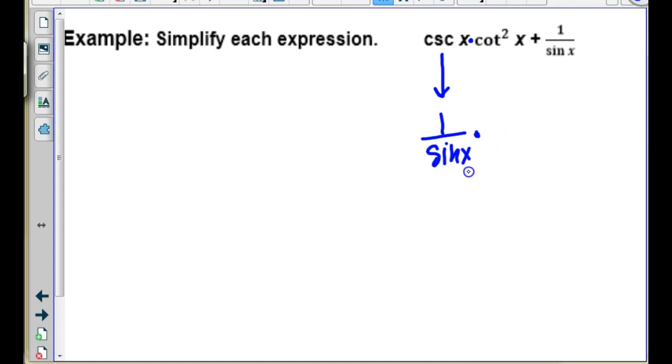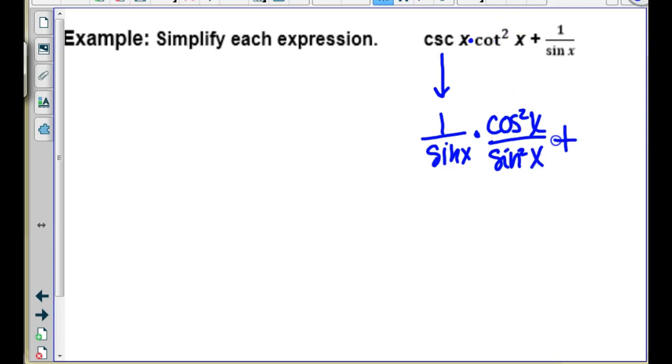If I put the words cosine and sine or sine and cosine, what does this become? Yes. And it's cosine squared over sine squared because it was cotangent squared. Did I lose anybody? On your sheet, it says cotangent is cosine over sine, so the squared applies to both.